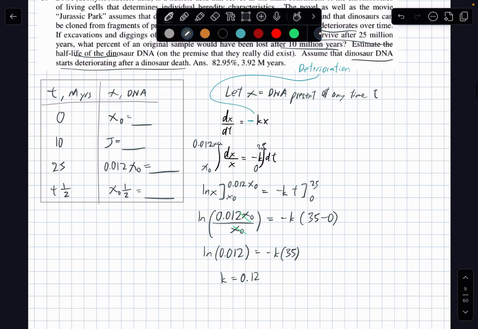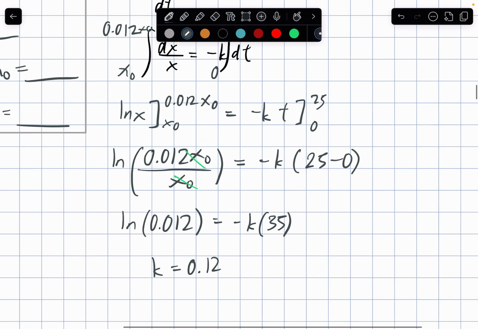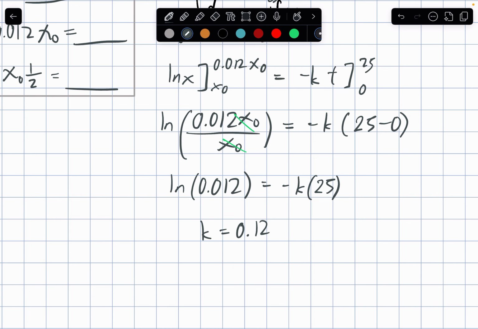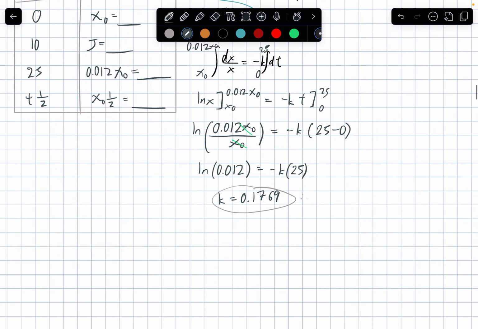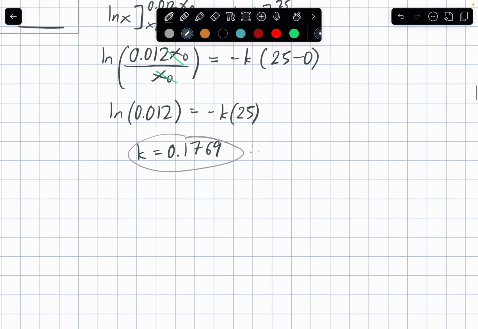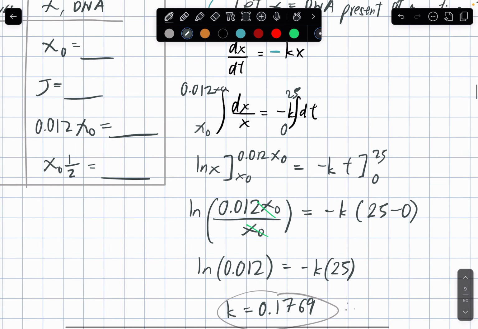Why did I put 35? This is supposed to be 25. My bad. Divided by 25. 0.1769. Okay. Unfortunately, I was able to detect that because I already solved this before making this video. I'm not supposed to challenge myself, but this was one difficult question.